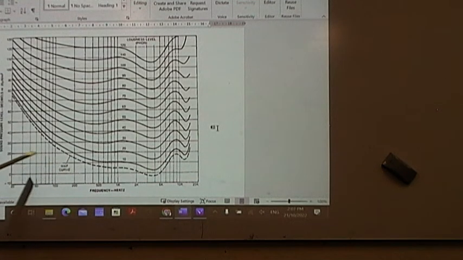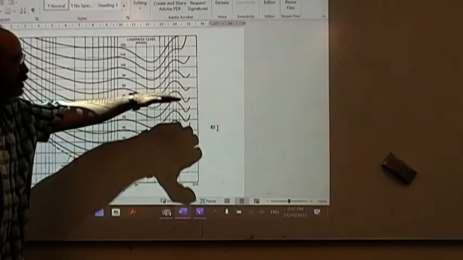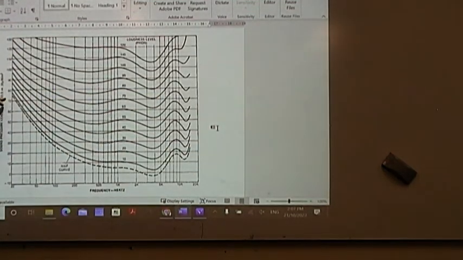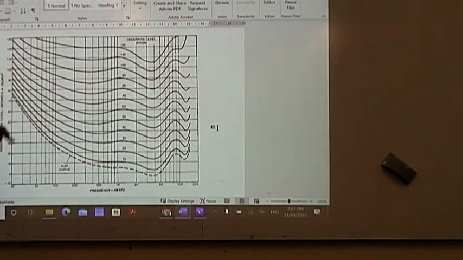For low frequencies, we need much more powerful sound to hear it. Let's say here, 70 decibel sound.